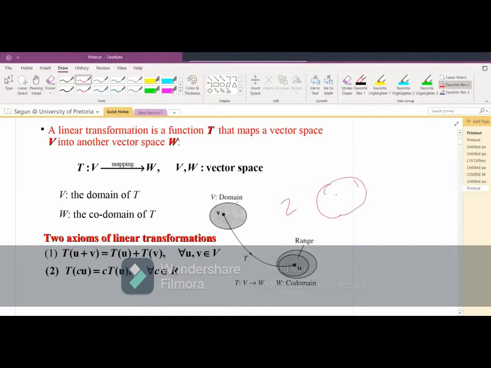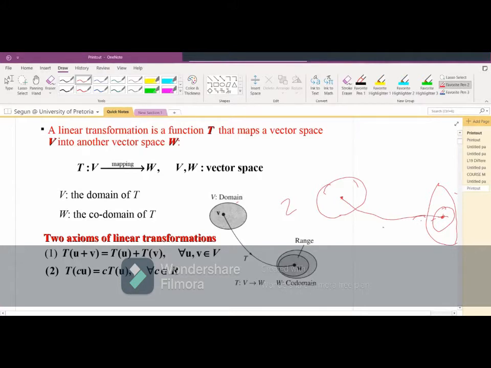We have this as our domain. Now, we have a point here, which moves from here to another space. Then there is this particular space inside. I will explain it later.